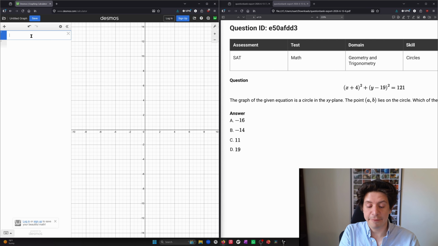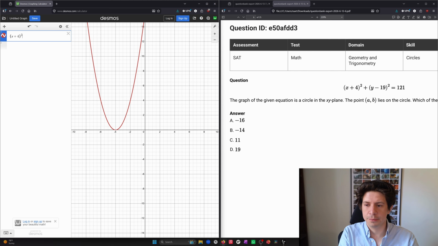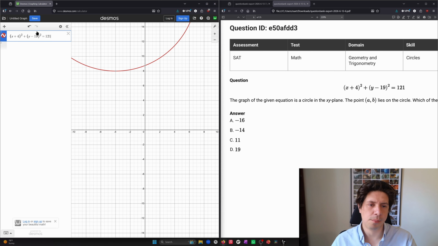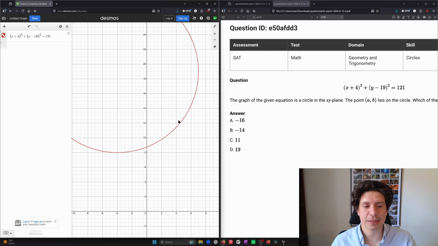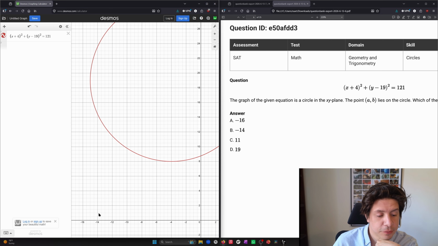So when we graph it, we're going to get (x + 4)^2 + (y - 19)^2 = 121. Then what's the range? x can be at most around 7, the least around -15.